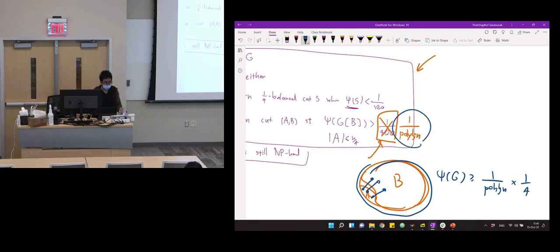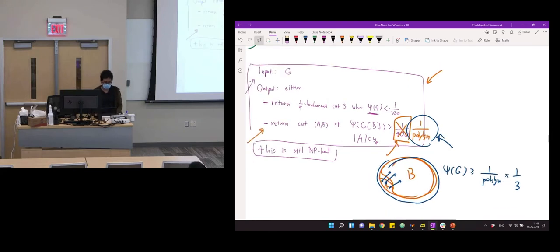You still get this kind of expansion, maybe worse by a third or something. And so you still get an expander, right? So this subroutine is really enough.